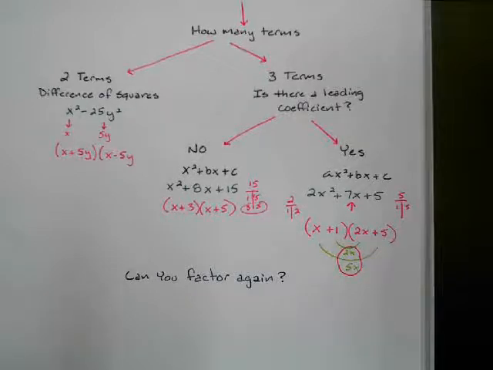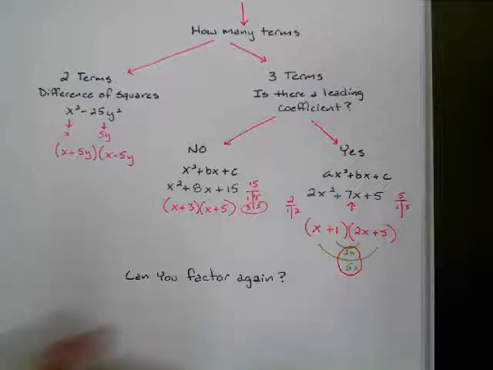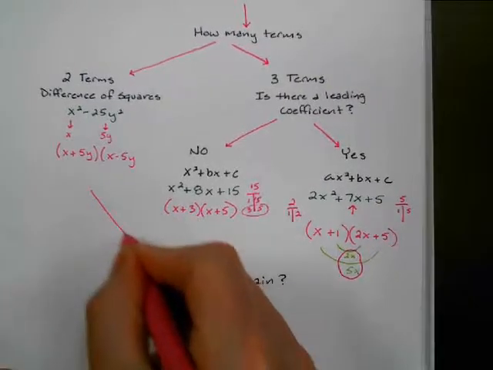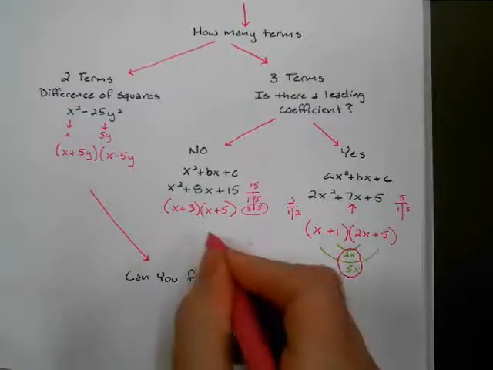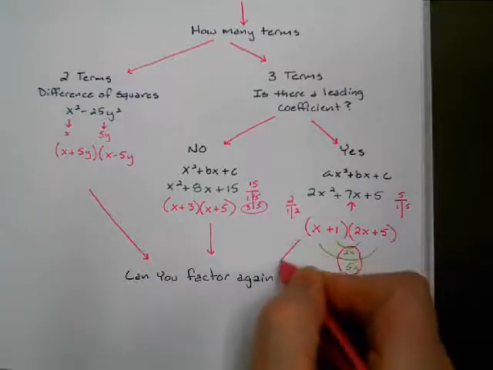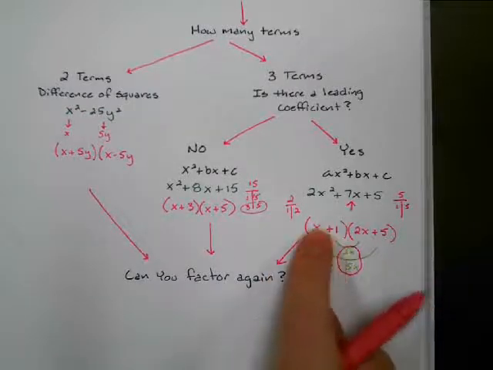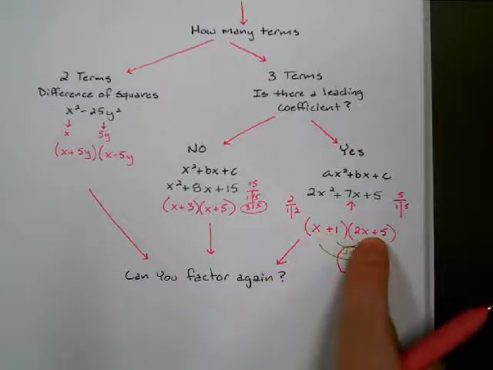Now, when you're done with any of these terms, you need to ask yourself, can you factor again? So after you've done these problems, you need to look at what you're left with. So I'm left with x plus 1 and 2x plus 5, and say, am I actually done?